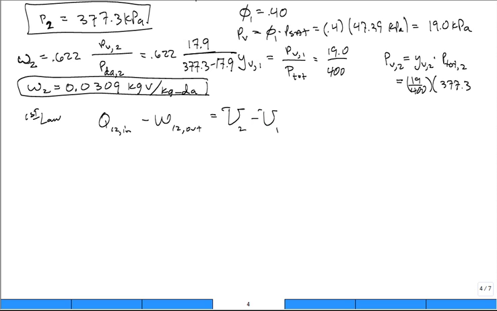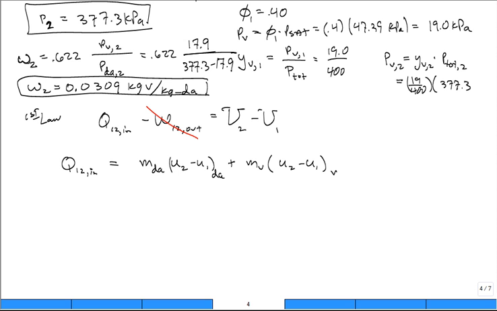True? There's no work because it's a rigid container. And now the Q1 to 2 that goes into the system, we expect that to be a negative quantity because it's not into the system, it's coming out. We'll do it as a sum of 2. So we have the mass of the dry air times the change in the internal energy of the dry air plus the mass of the vapor times the change in the internal energy of the vapor.